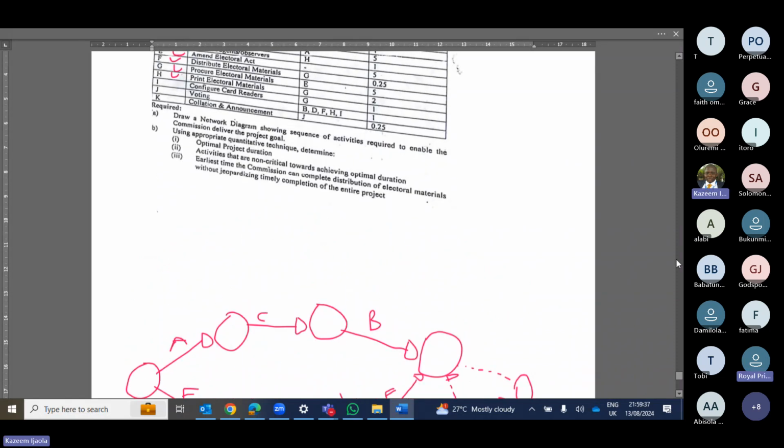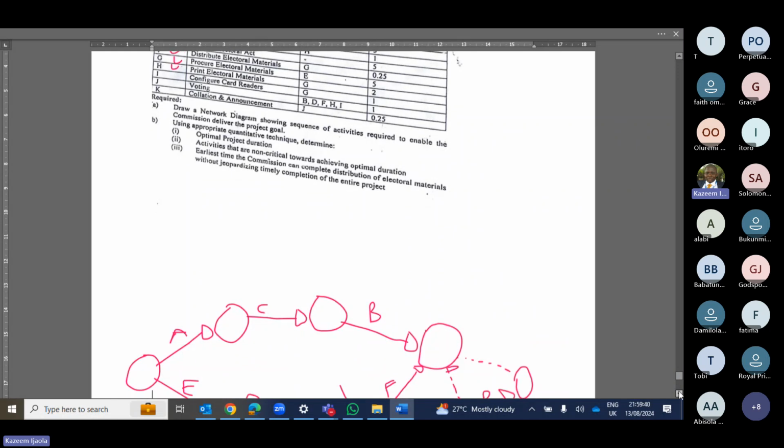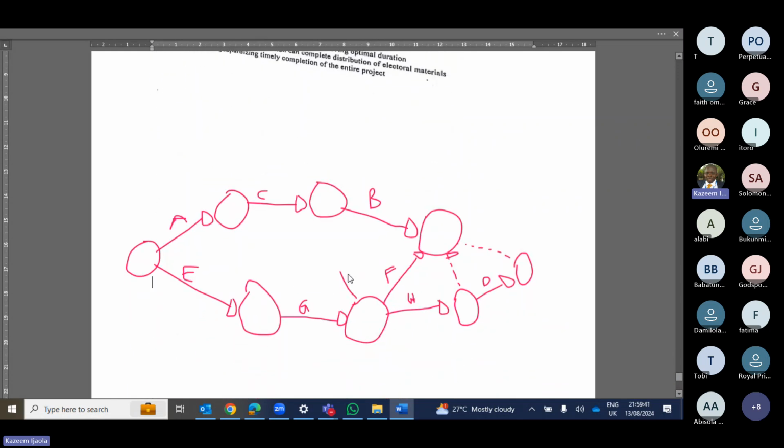No. I is part of the group. So I will come here like this. I can draw my I here. Then I will not use a dummy to join it with B, because you cannot draw I directly, it will violate your rule. The two activities cannot start and end in the same place. So that's it.